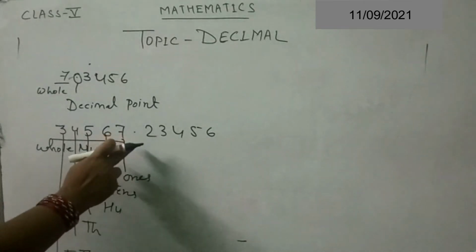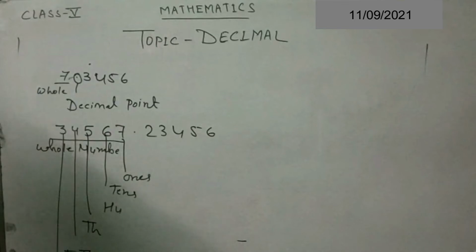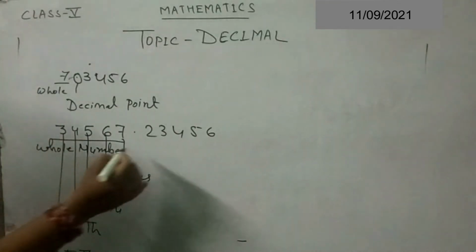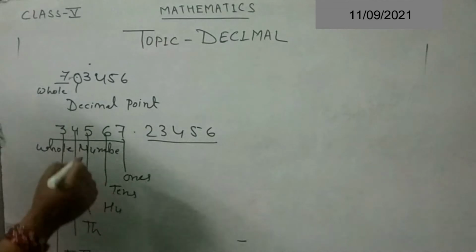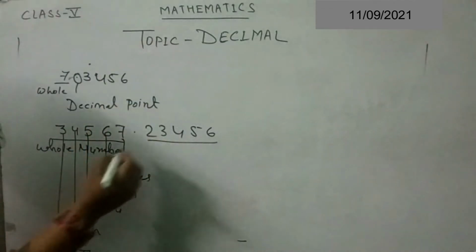To the left of the decimal point we read the ones, tens, hundreds, thousands, ten thousands, and the right side of the point are the decimal values. Then how do we read these?